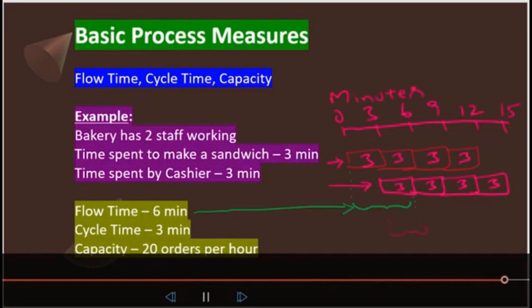So 3 plus 3, that is the green one, is the total flow time for one sandwich. And the cycle time is actually 3 minutes, because every 3 minutes your process is complete from start to end, from making the sandwich till delivering and billing the sandwich. Right, so this is what process measures are about.